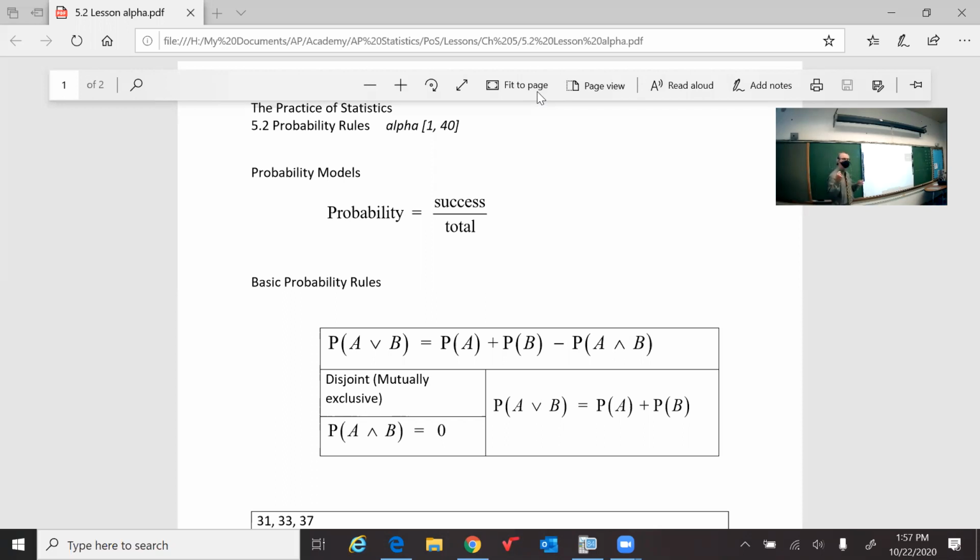Are we good? So if I want to know if one or the other plays, you add them up. Except what? If they both play, then this area in here is the intersection. That's they both played in the game. We have to subtract that.